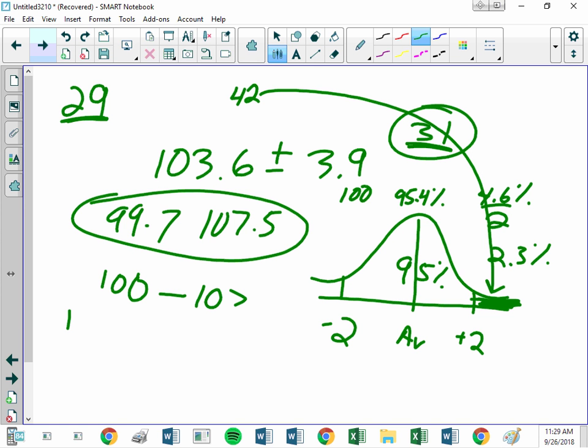So if I take 103.6, which is my average, and I add to that 2 copies of the standard deviation 3.9, 103.6 plus 2 times 3.9, I get 111.4.